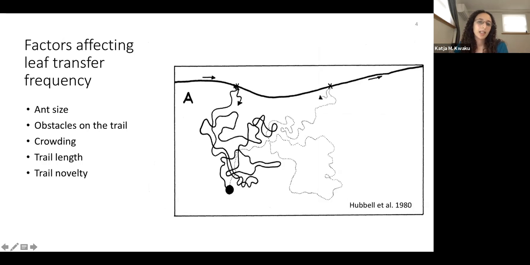So some of the ants left the main trail and formed these new trails to the newly discovered food source. And the authors found that the ants were much more likely to transfer, either directly or indirectly, at these X's here, so at these trail junctions. These junctions are the intersection between the main and established trail.